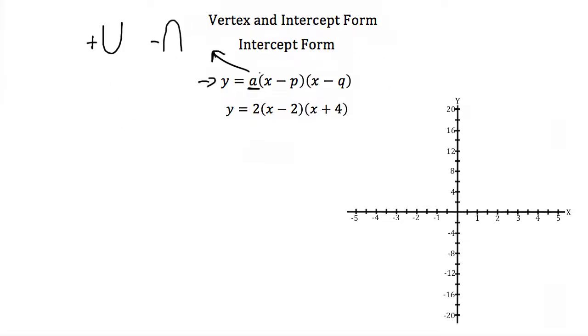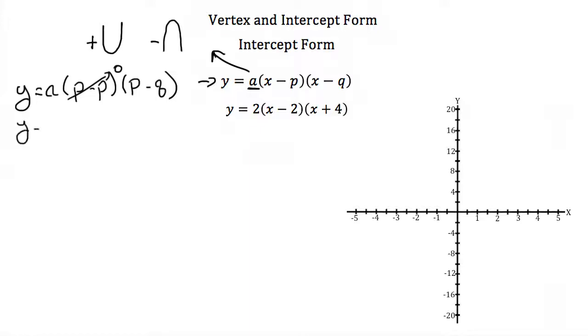But this is called the intercept form because if I plug in p or q for x, y is going to equal 0. Let's look at that. If I plug in p for x, I'll get y is equal to a times (p minus p) times (p minus q). Well, p minus p is 0.